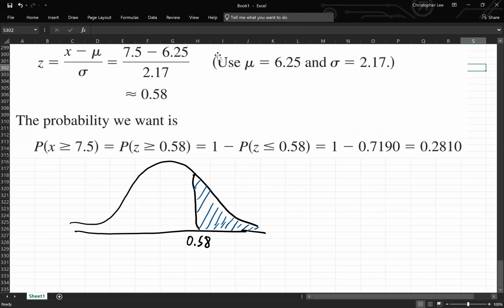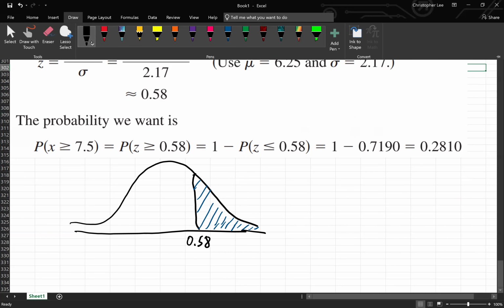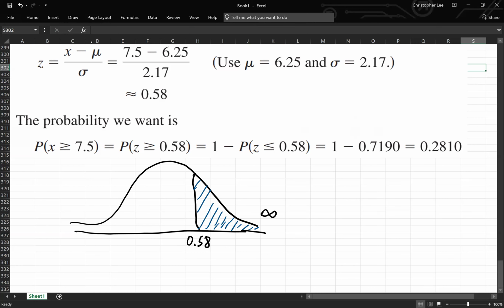Now, calculator. Remember that this is going out to infinity over here, and our calculator's infinity is 1E99. So what's my lower bound going to be here?